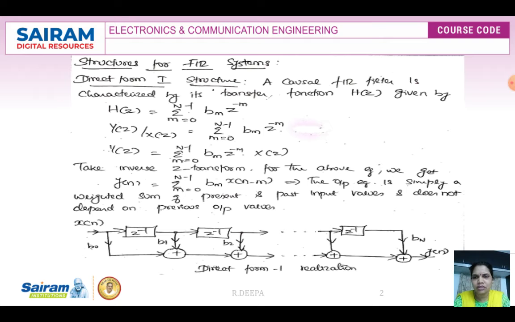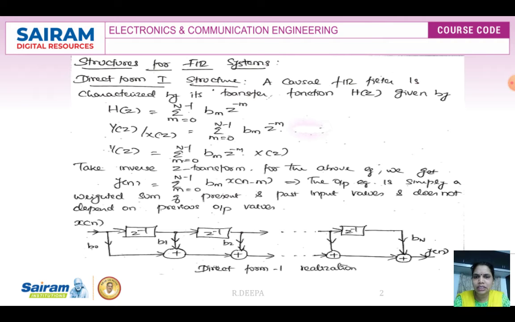y of n is equal to summation m is equal to 0 to N minus 1 b_m x of n minus m. If I expand this particular equation, by substituting different values of m, you will be getting b0 x of n minus 0 plus b1 x of n minus 1 plus b2 x of n minus 2 plus b3 x of n minus 3, and it will go on till N minus 1.